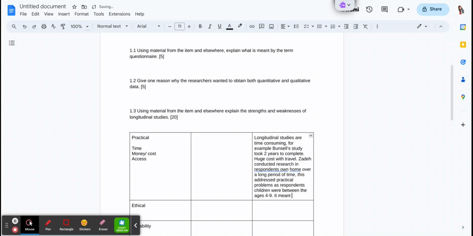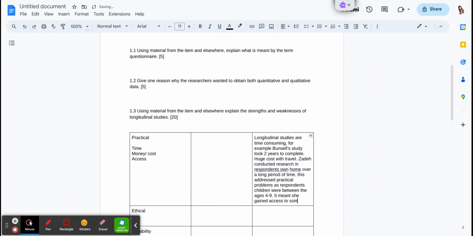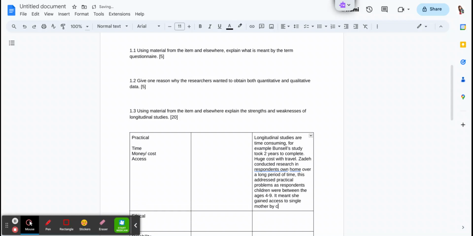It meant she gained access to single mothers by choice, so there was no need to organise childcare, and they felt more comfortable, increasing the validity or truthfulness.